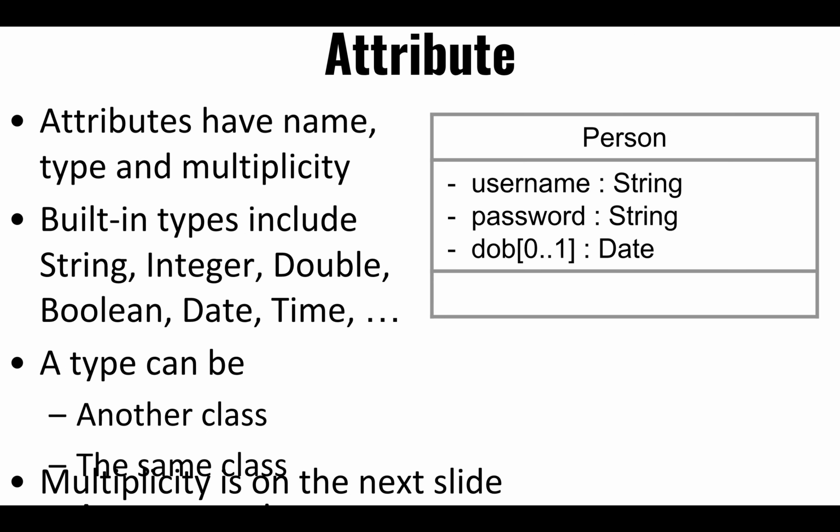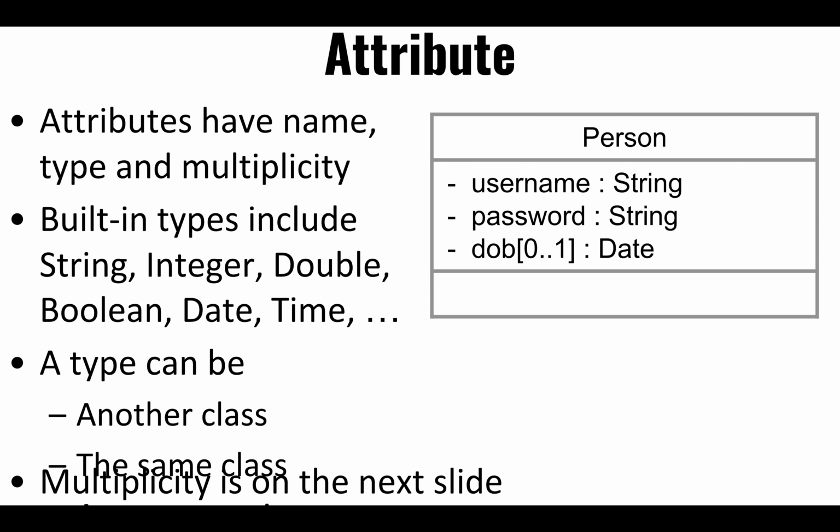Some of the attributes might be optional, whether you have a date of birth or not. Maybe you're dead or haven't been born yet. So the 0 or 1 means that you might have a date of birth or not.